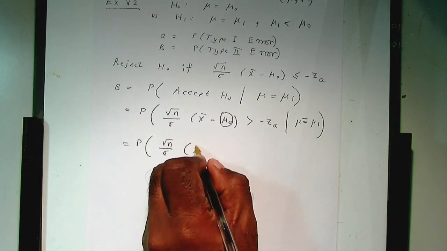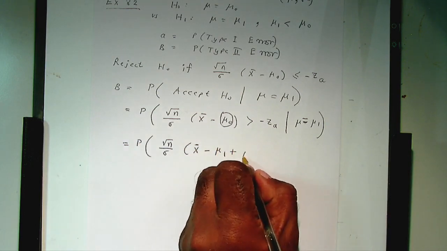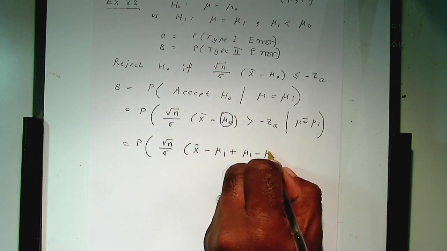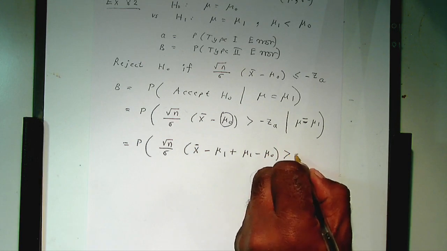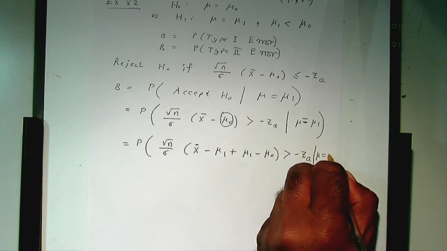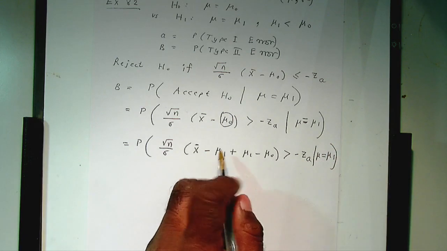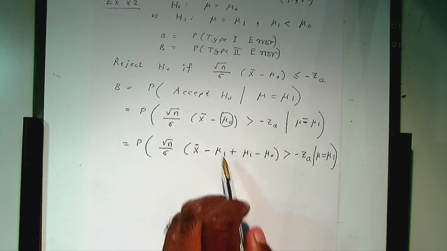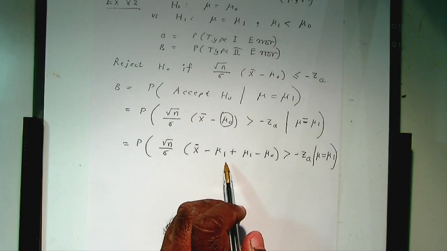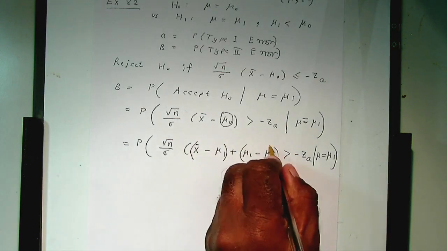I mean, I've done this several times. You should know. You should be bored by this now, guys. Do you know why I'm doing this, guys? The reason I'm doing this is because I want this to be the true population mean, which is mu1, not mu0, right? Now I'm going to put brackets around like this.